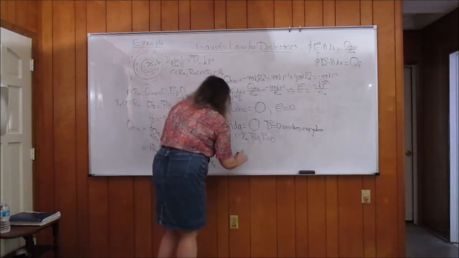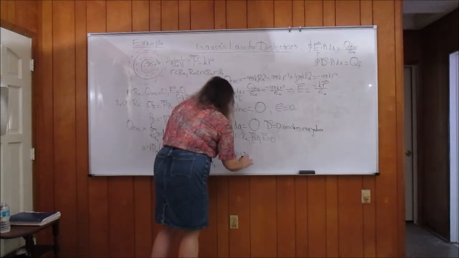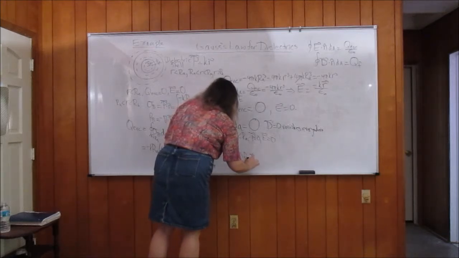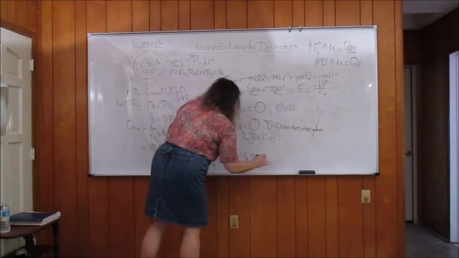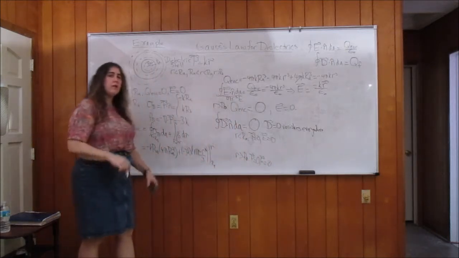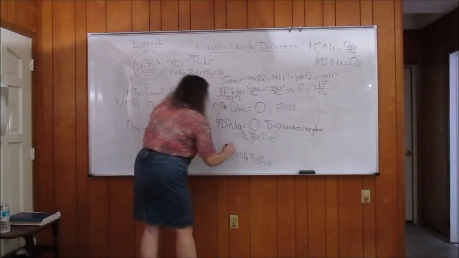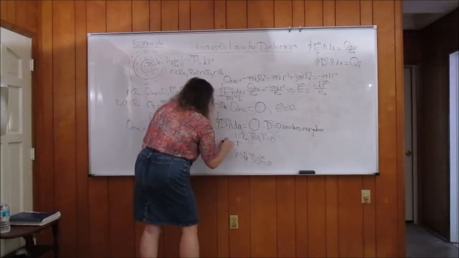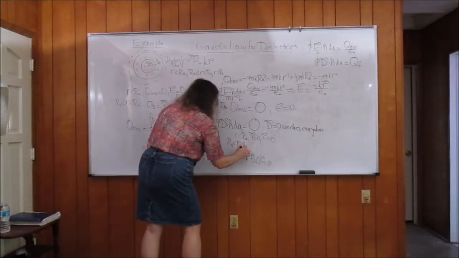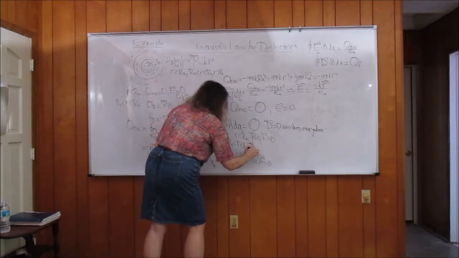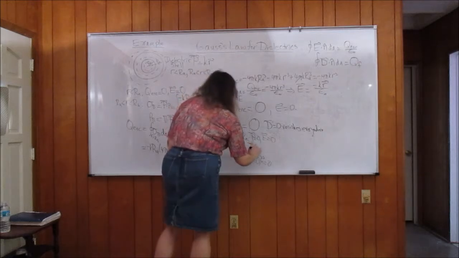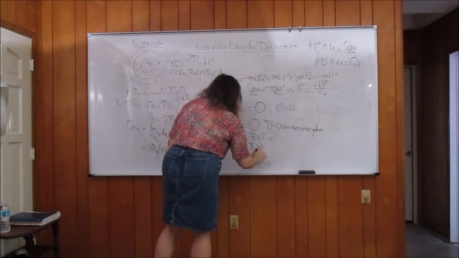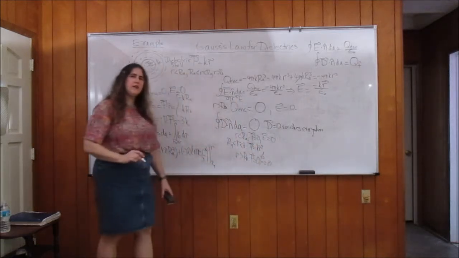Outside, polarization is equal to 0, and E is equal to 0. In the region, in the shell itself, polarization is equal to a constant times the radius.